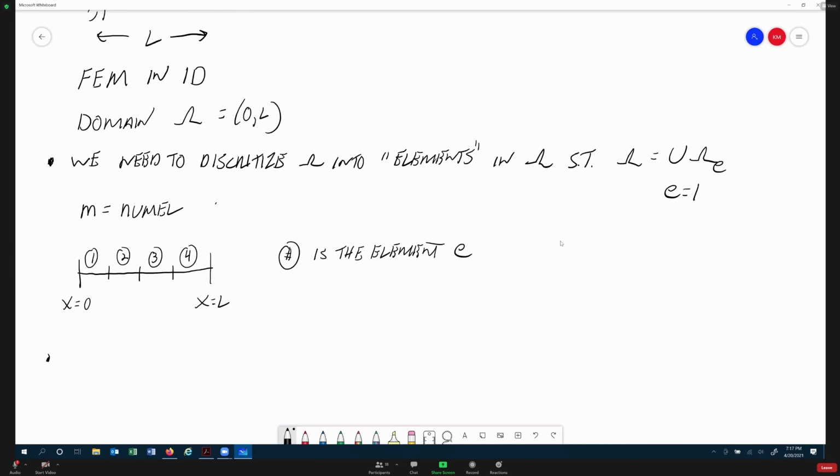So the next one is, for each element, we discretize it into NEL, which is the number of nodes.